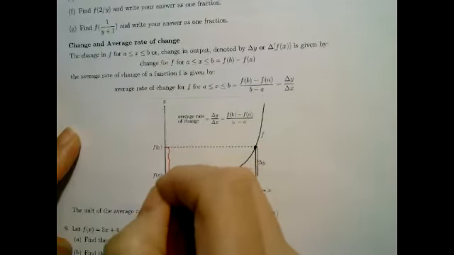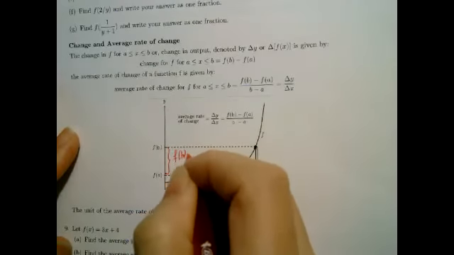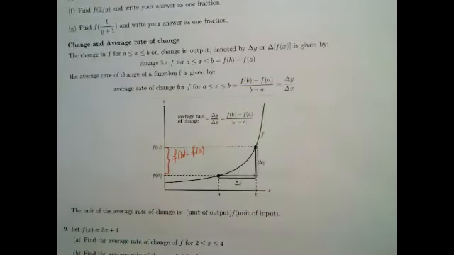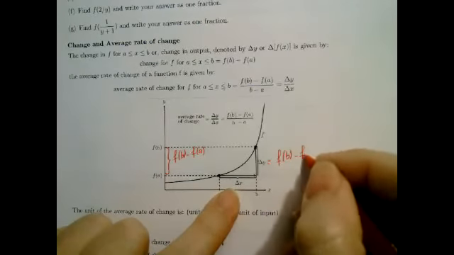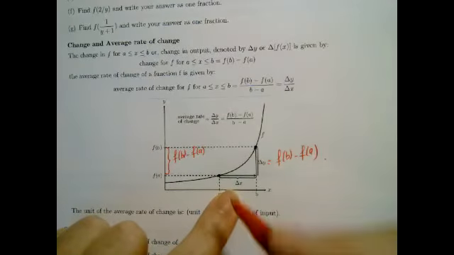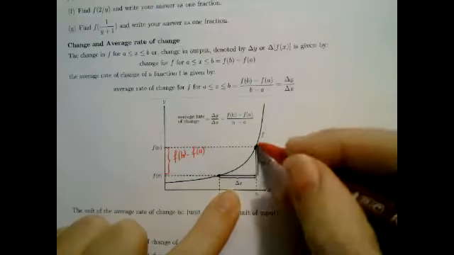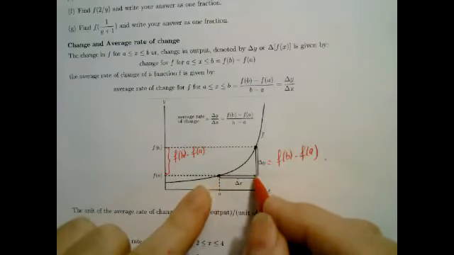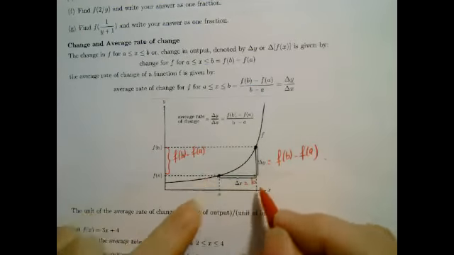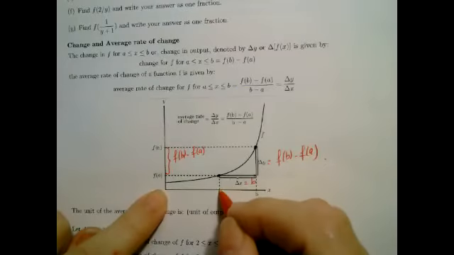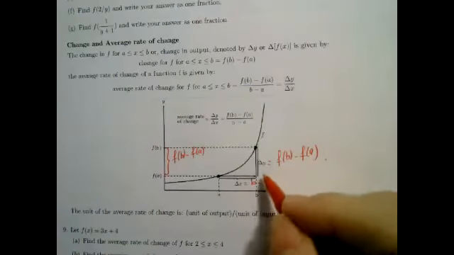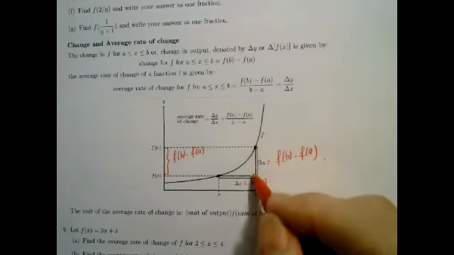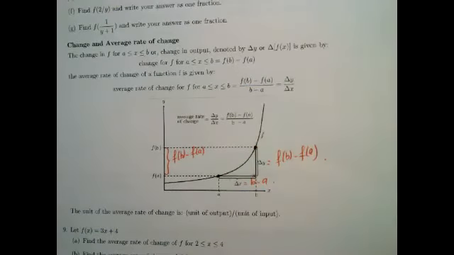This is f of b minus f of a, so that's the delta y, by how much y changed, divided by how much x changed. That's b minus a. And the average rate is this ratio between how much y changed over how much x changed. So that's really the formula.